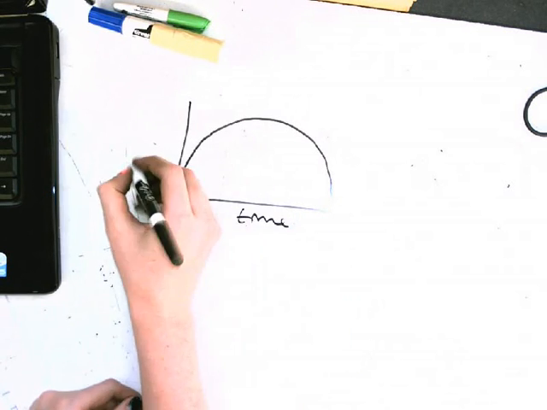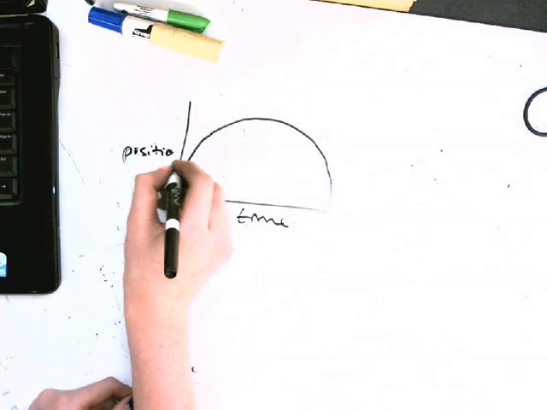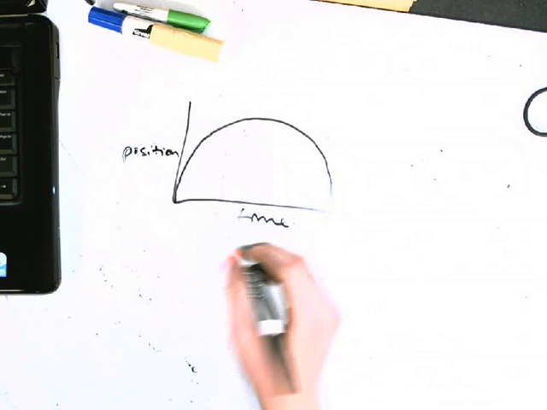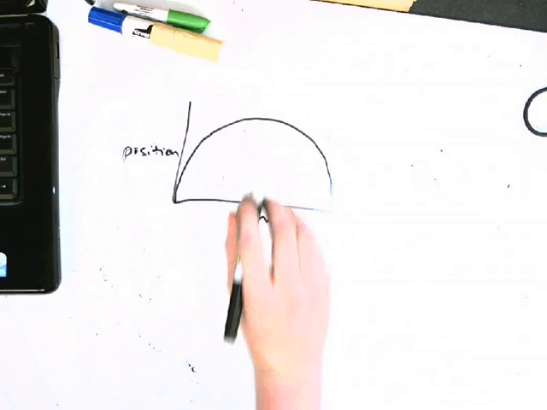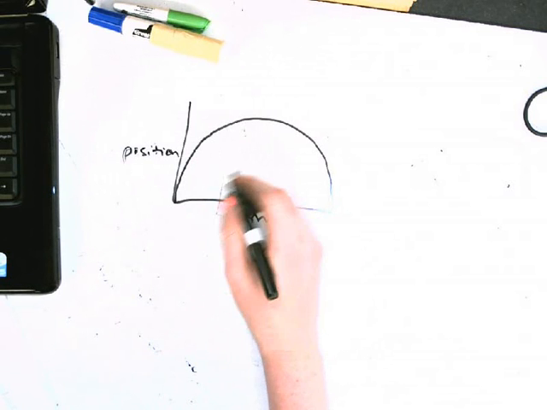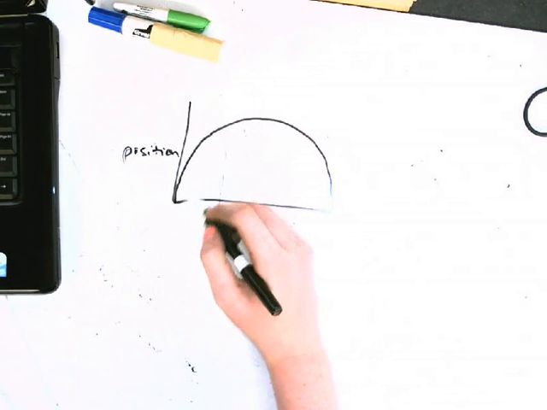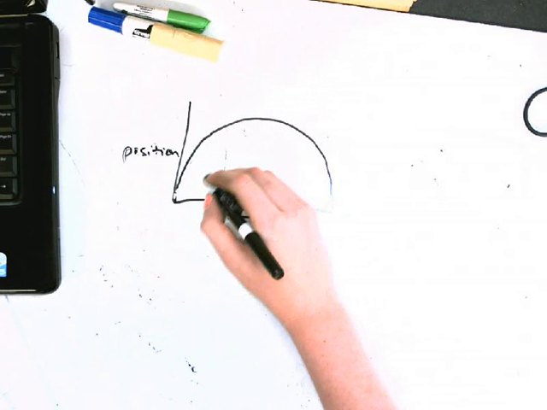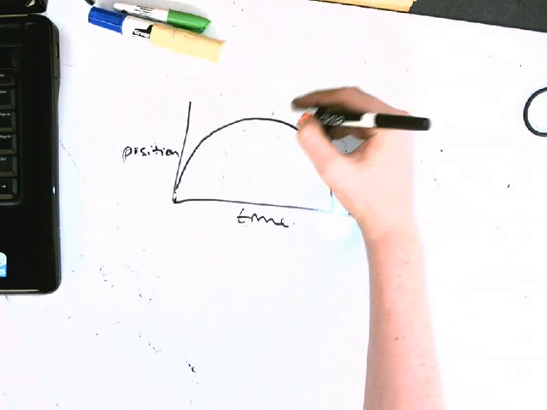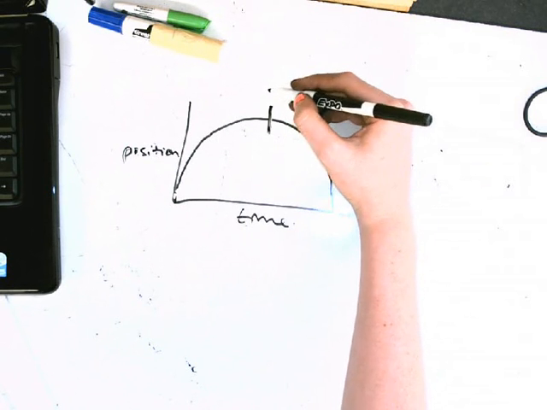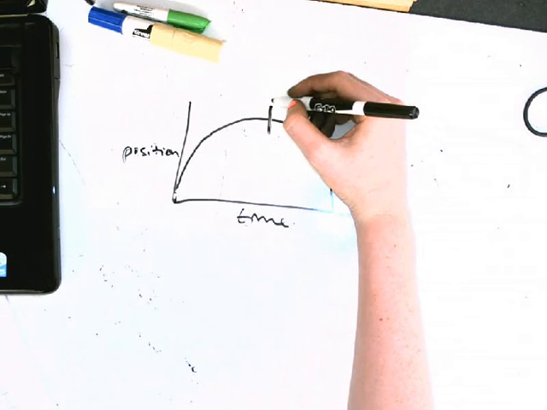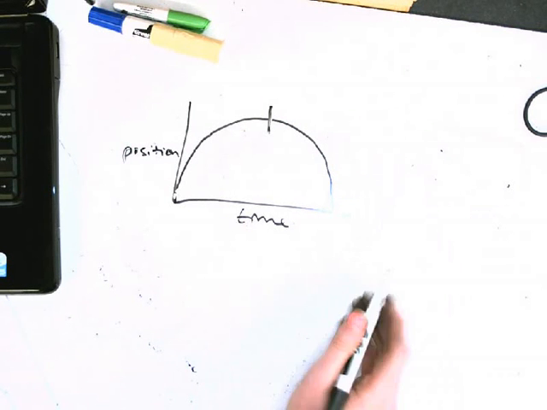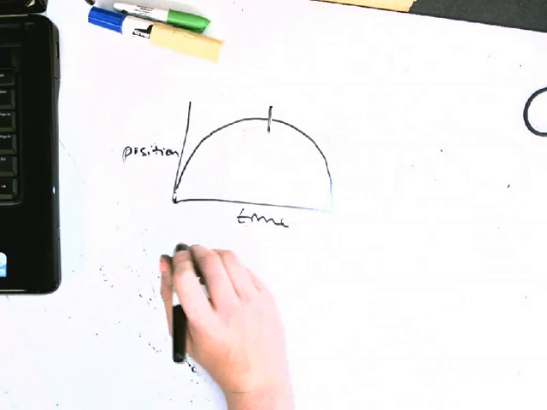It would be a parabola, because as you throw it up, the force of gravity is acting on it and pushing it down and decreasing its velocity as it moves up, until it gets to the point where it stops moving, and then it goes back down.